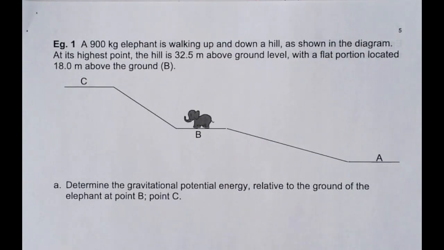Let's look at a couple of energy examples. Actually, quite a few energy examples. The first one tells us that we have a 900 kilogram elephant walking up and down a hill.